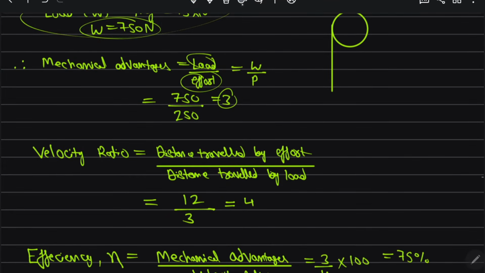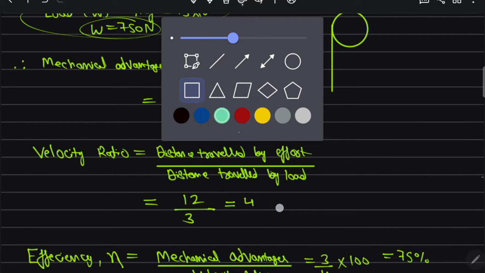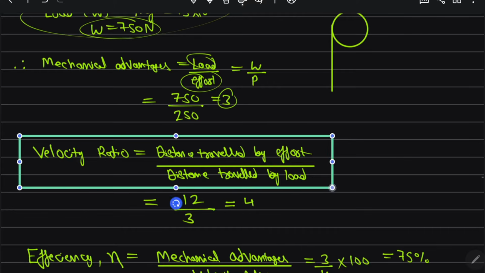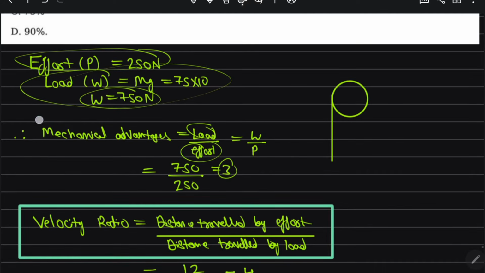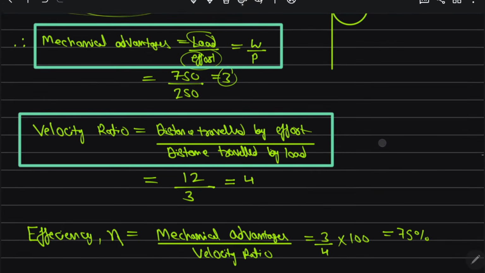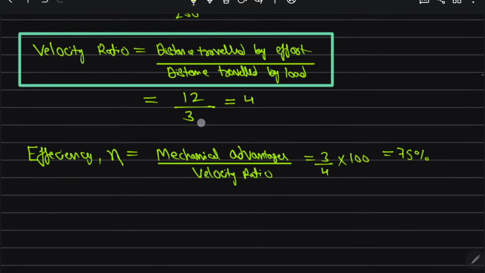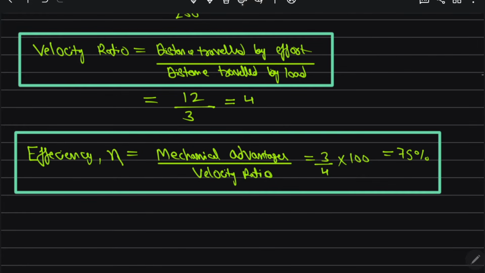Then after that velocity ratio is distance traveled by effort divided by distance traveled by load. Distance traveled by effort is 12 meter and by load is 3 meter, so that comes out to be 4. So efficiency is mechanical advantage divided by velocity ratio, which is 75%.